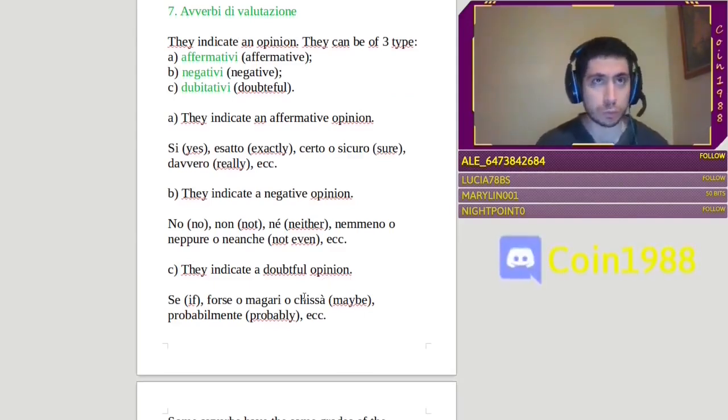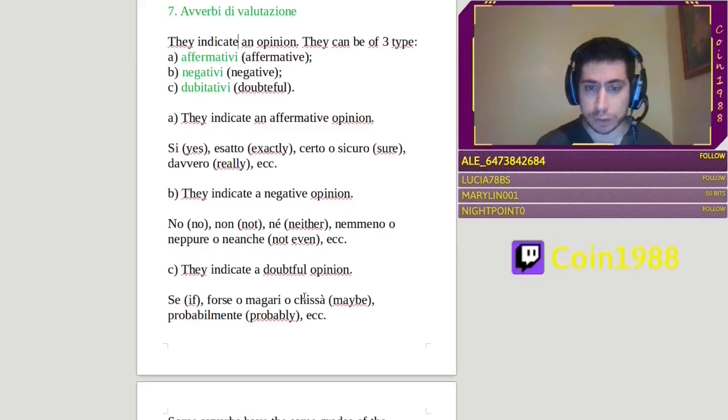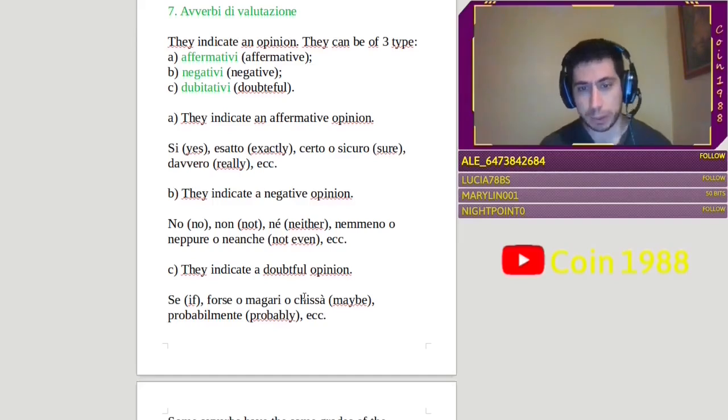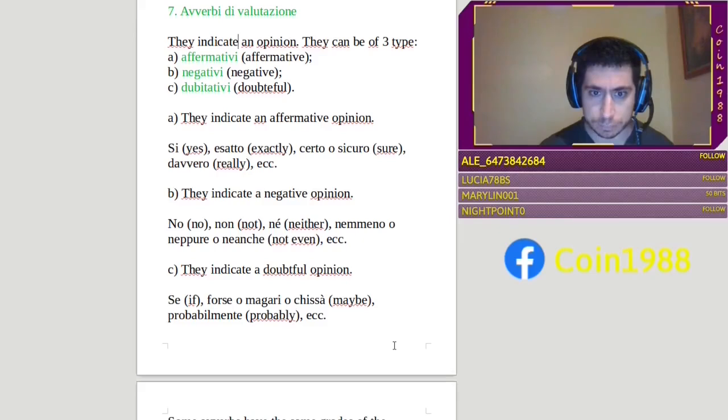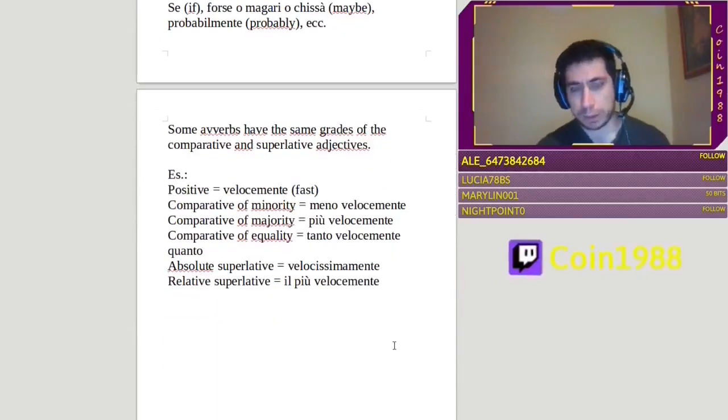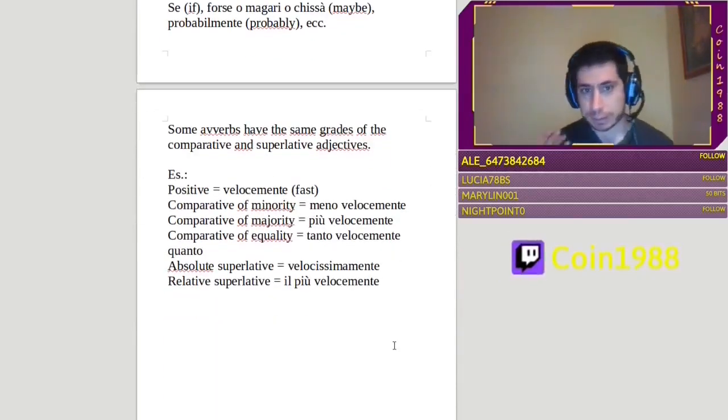So when you don't know the exact answer, you say, for example, se, that means if, forse, or magari, or chissà, that mean maybe, probabilmente, that means probably, etc. Se, forse, magari, chissà, probabilmente.